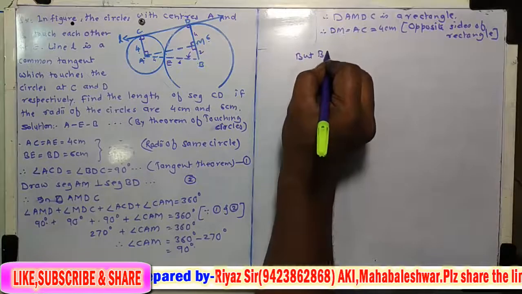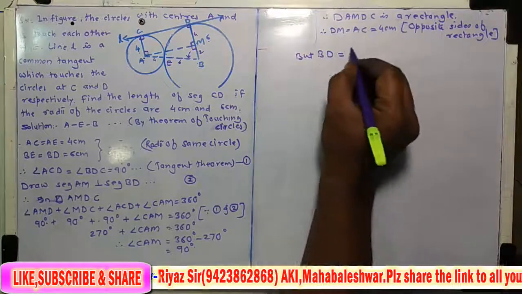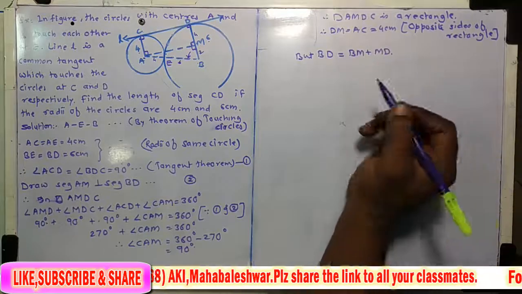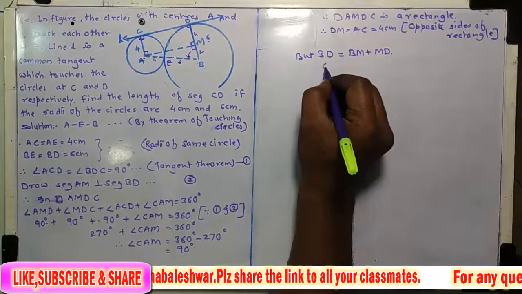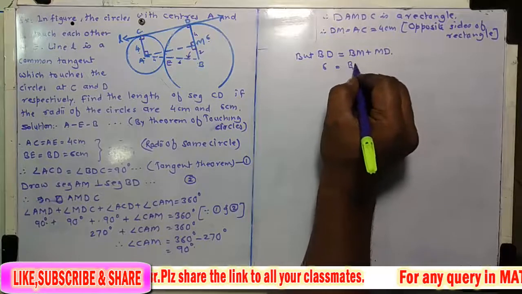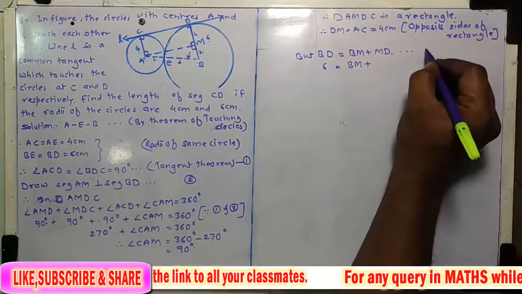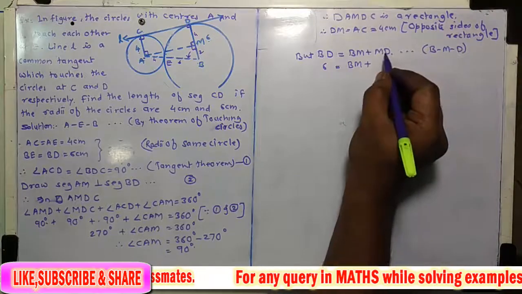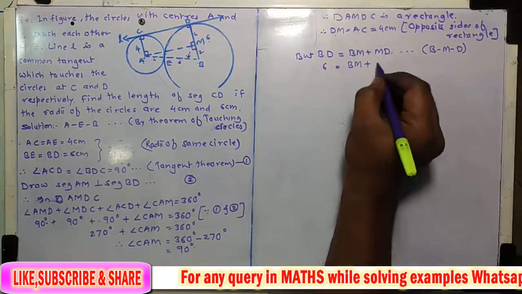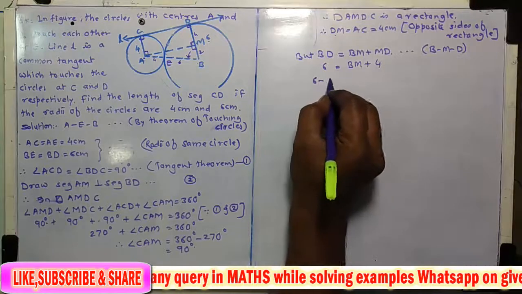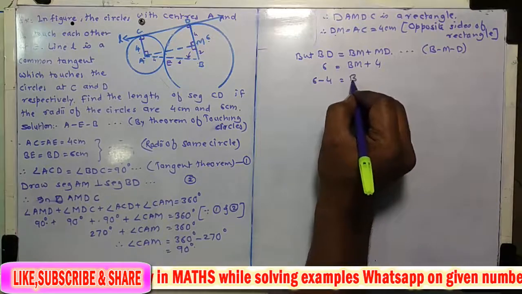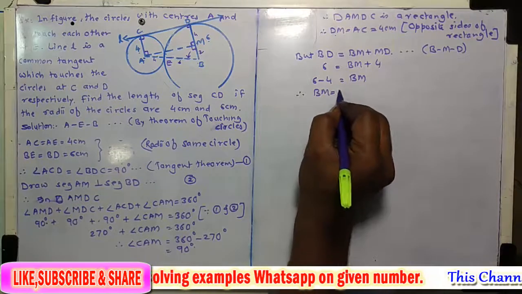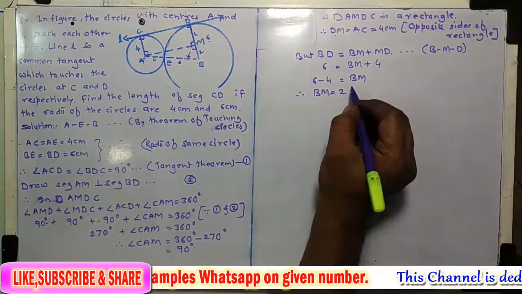But what is BD? BD is equal to BM plus MD or DM. Okay, but BD is given, it is 6. BM we have to find, plus here we write the reason, since B dash M dash D. Okay, and MD that is DM is 4. So 6 minus 4 is equal to BM, and therefore BM is equal to 6 minus 4, that is 2 centimeter.